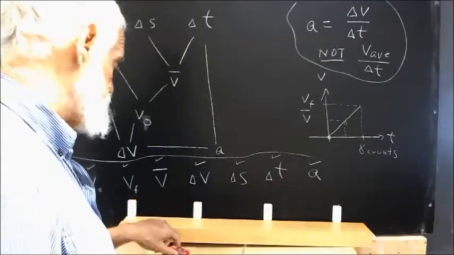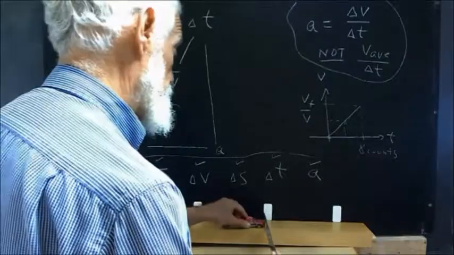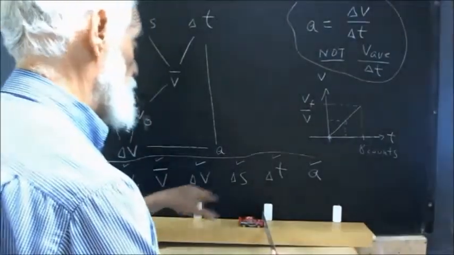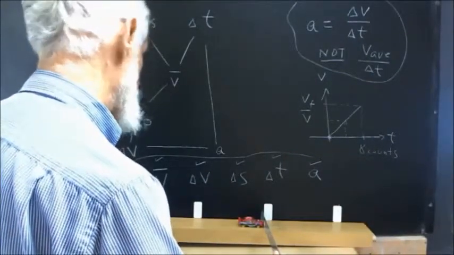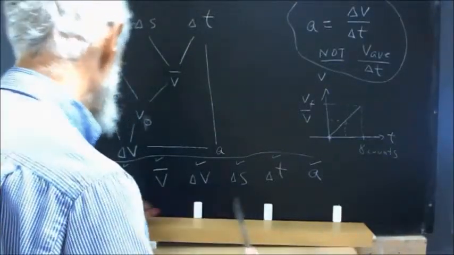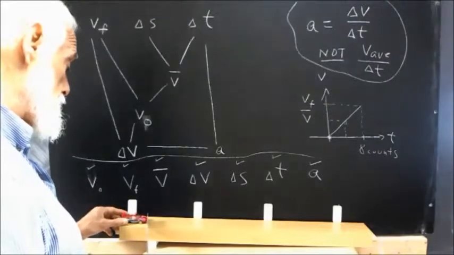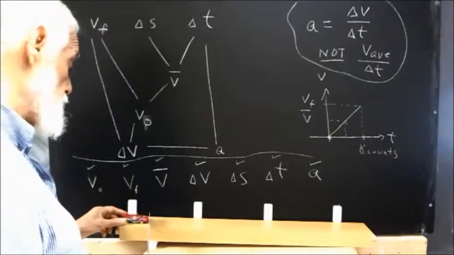Now notice that when the car was stopped at the second domino, it didn't travel 2 complete distances, okay, 2 complete units of distance. The back of the car was lined up with this edge of the domino, the back edge of the domino, if we think in terms of the direction of motion.